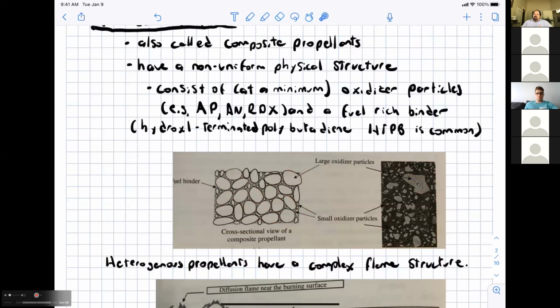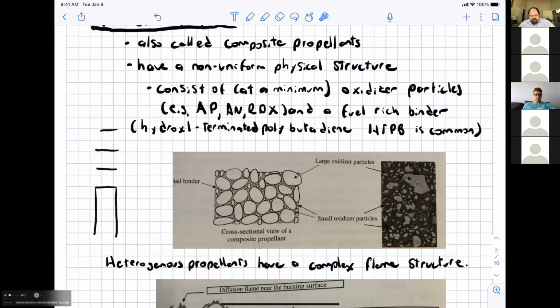So now a homogeneous propellant, when it burns, if you consider a 1D burning little strand of it, if you ignore any side flow and turbulence, it'll have a perfectly 1D flame structure. I'm doing a bad job of drawing it, but it'll have a perfectly one-dimensional flame structure.